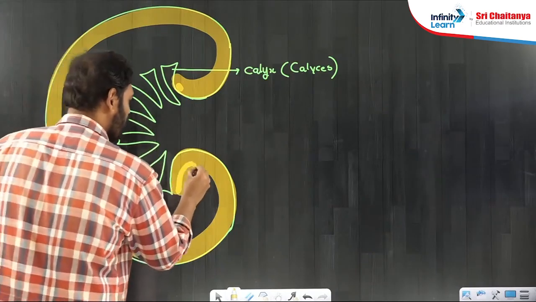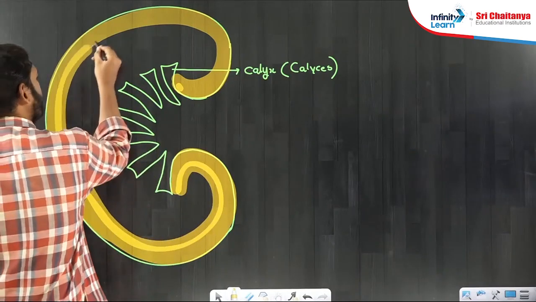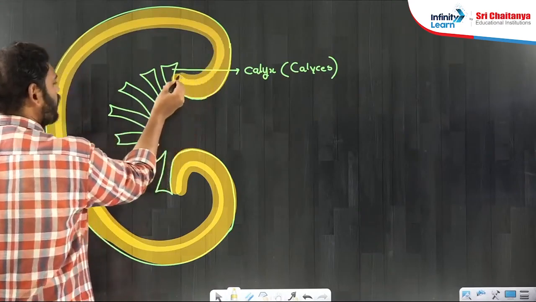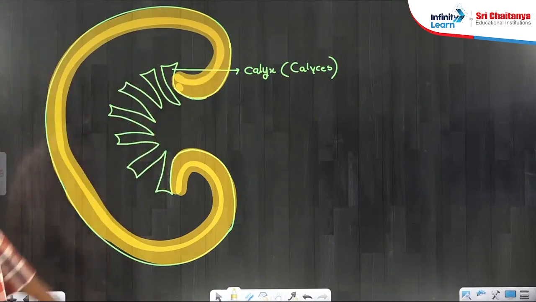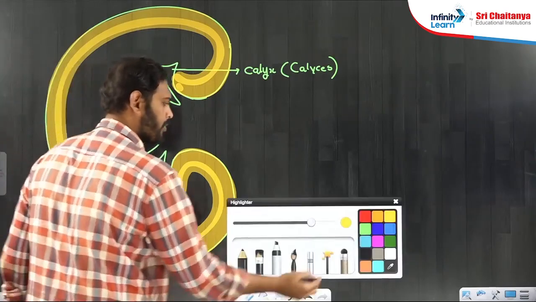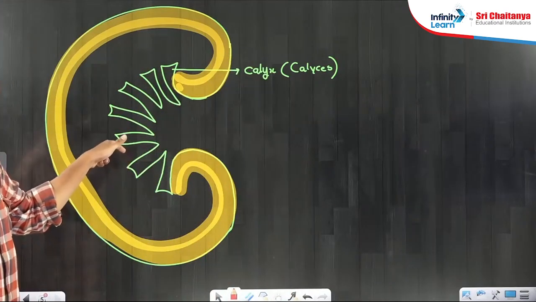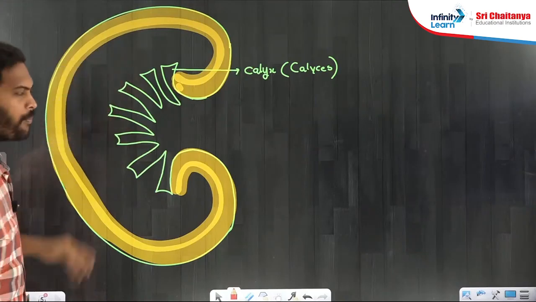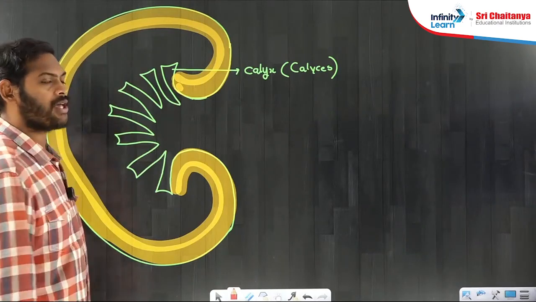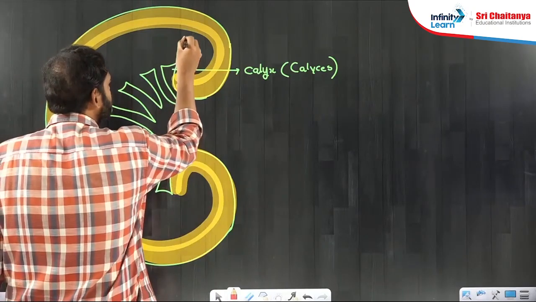Guys, this was the cortex. Whereas the entire thing you see in blackish color here, now red, this interior part, we refer to as the renal medulla. And the renal medulla is split into many pyramid-like structures.